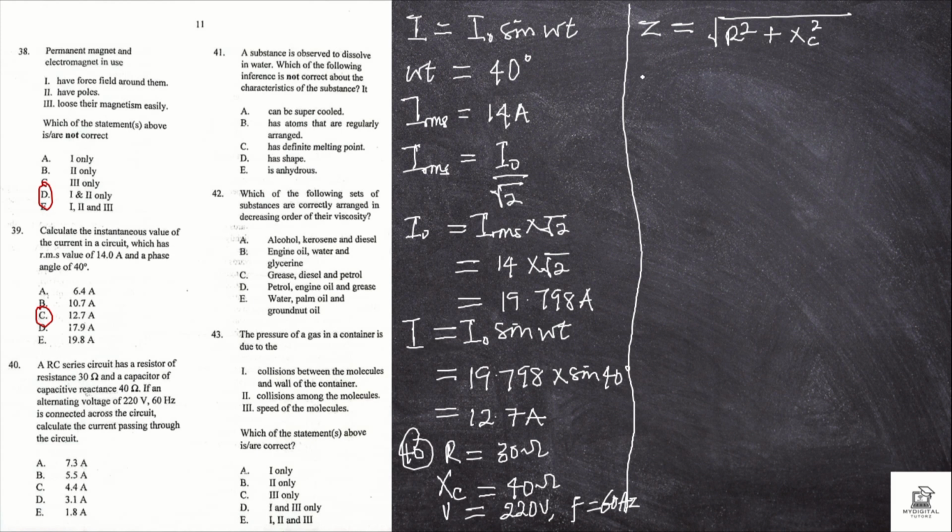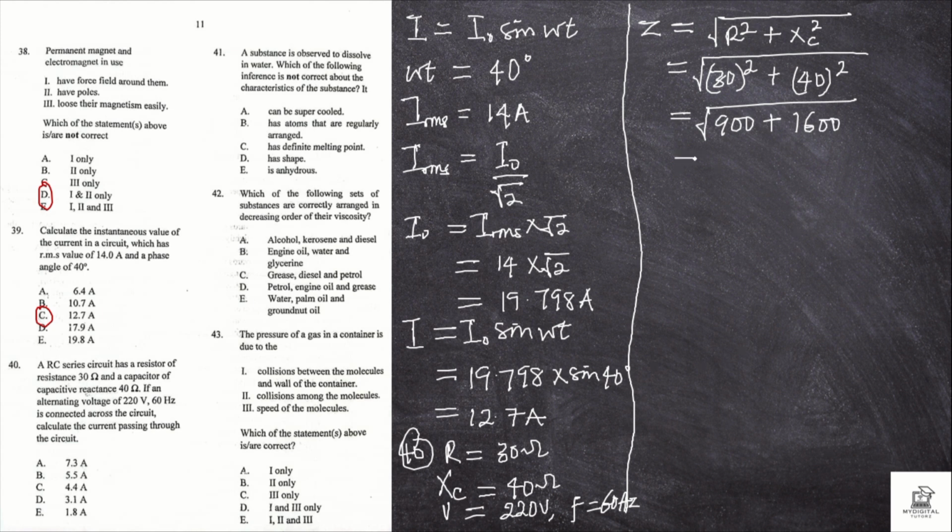Are we together? So that will give us root of 30 squared plus 40 squared. Then we have 30 squared is 900 plus 40 squared is 1600.